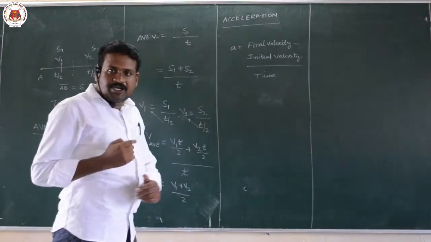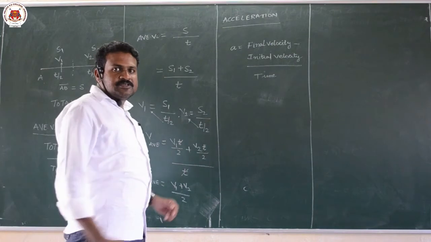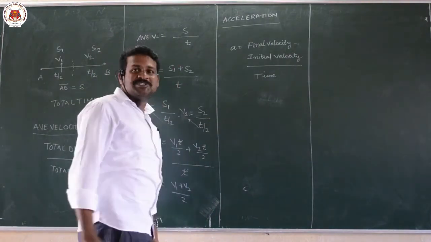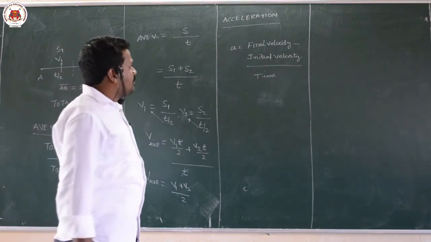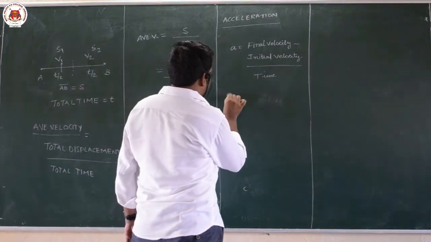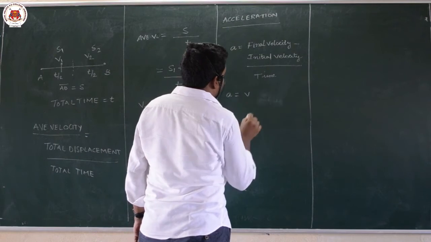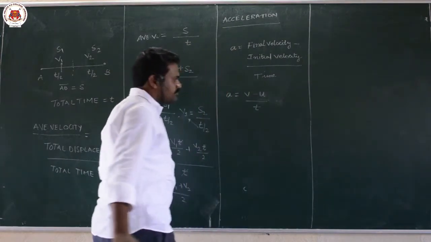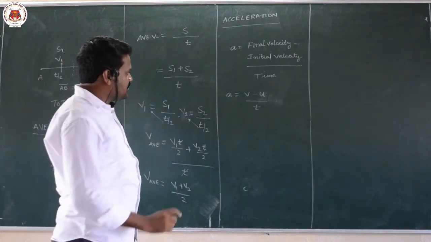In how much time, how much velocity you are changing, that much you will get as acceleration. That is the meaning of rate of change of velocity. So a is equal to v minus u by t, where t is the time taken. This is the definition of acceleration.